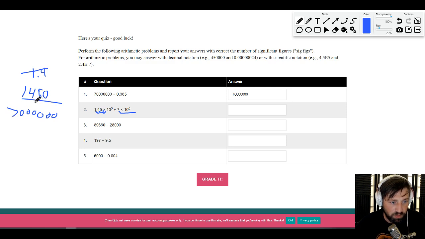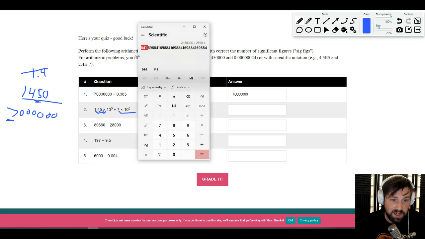To go through the process though, this 5 is in the tens place. This 7 here is going to be in the millions place. I'm going to go with the millions place. I'm going to round this to a million. If I actually wanted to go through and check it, 7 million minus 1,450, it's going to be this number. I'm going to round to the millions place, which means I'm going to round back up to 7 million.